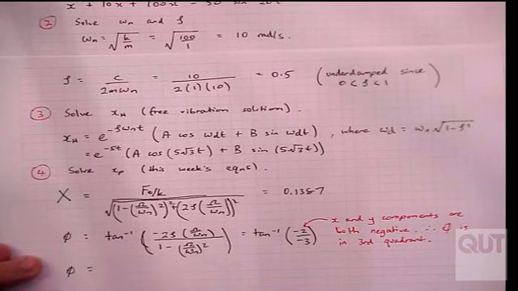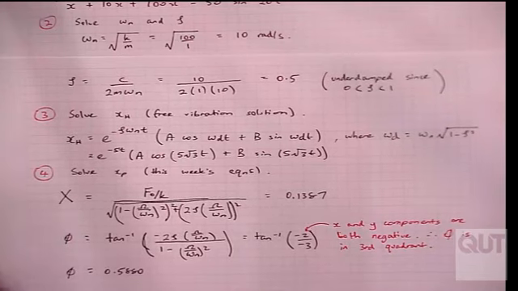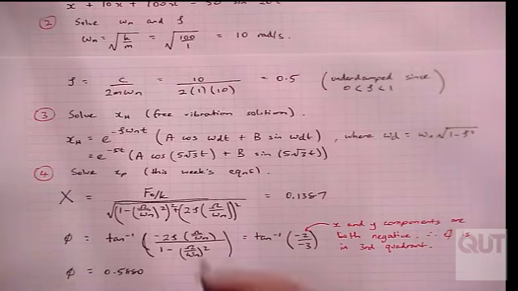So your calculator is going to return a solution of 0.5880. But that's a first quadrant angle. Right? That's in between 0 and pi on 2. So to make sure it's in the third quadrant instead, we have to add pi radians, or 180 degrees to it.